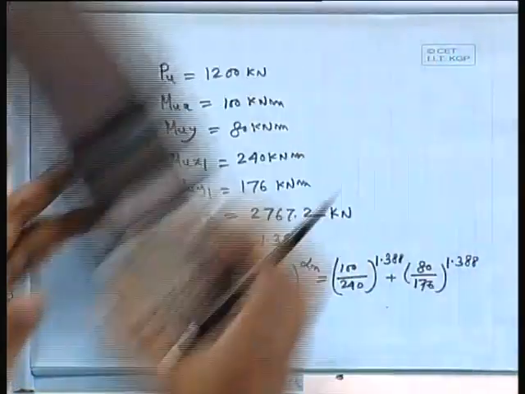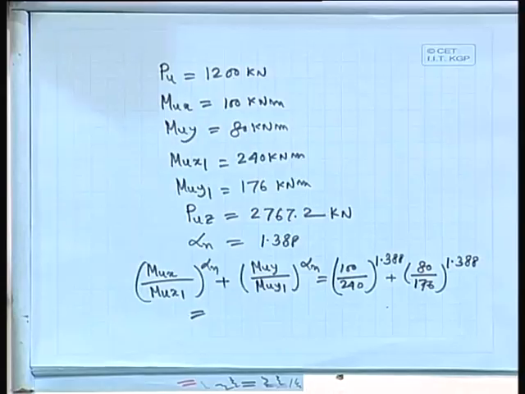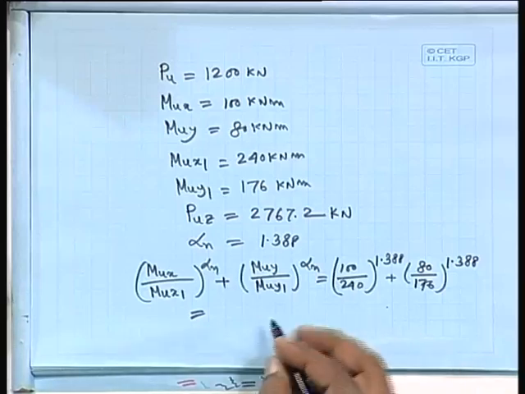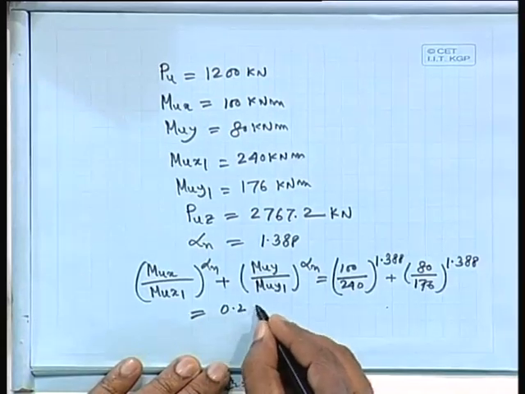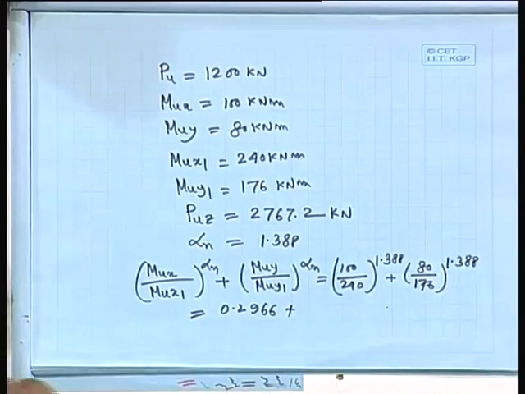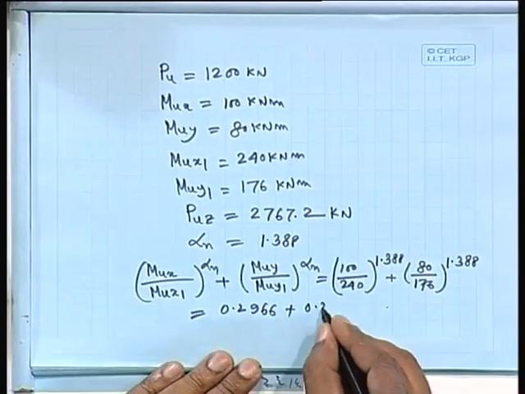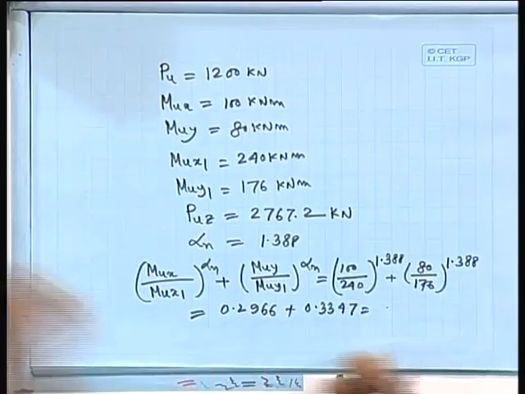Let us find out how much we are getting. 100 divided by 240, so the first part I am getting here 0.2966, plus 80 divided by 176, 0.3347.